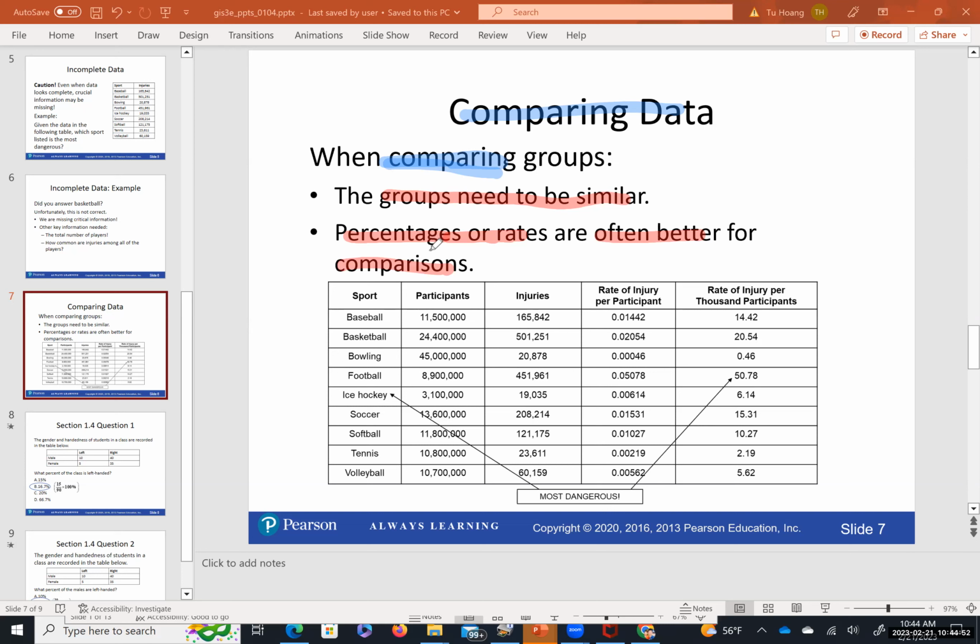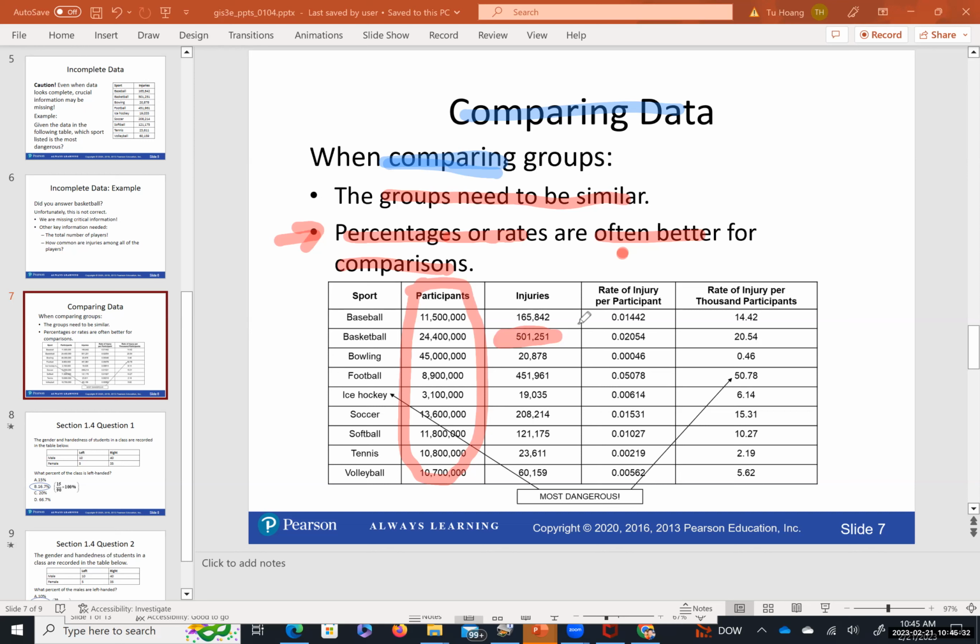Keep in mind that you should usually compare by percent, which is better for comparisons, instead of just the number of injuries like we did in the previous example with incomplete data. So for example, here I did provide how many participants or players did the surveys, and I got that basketball has 501,251.